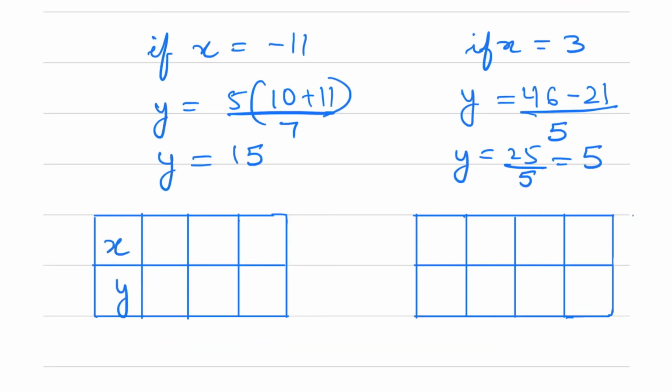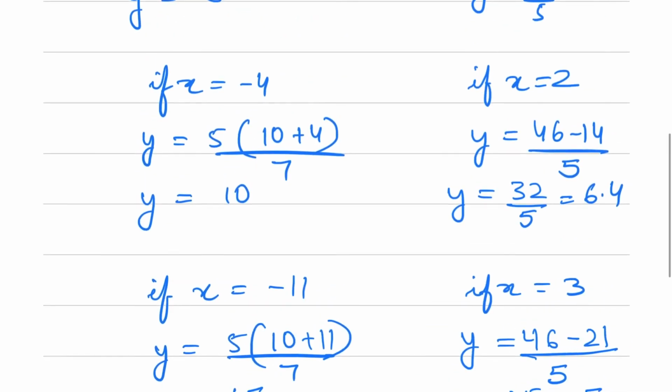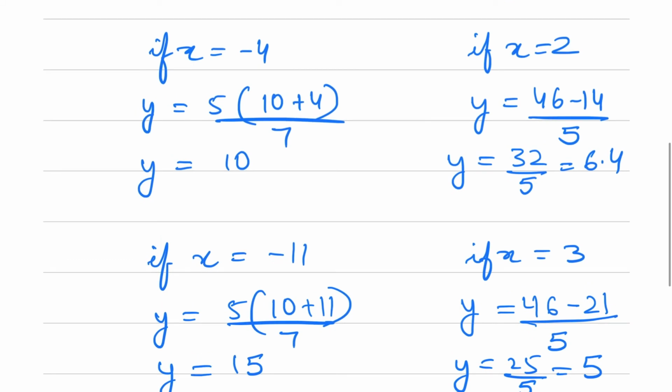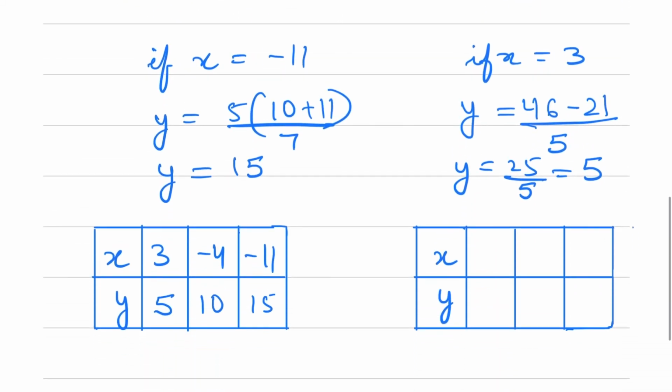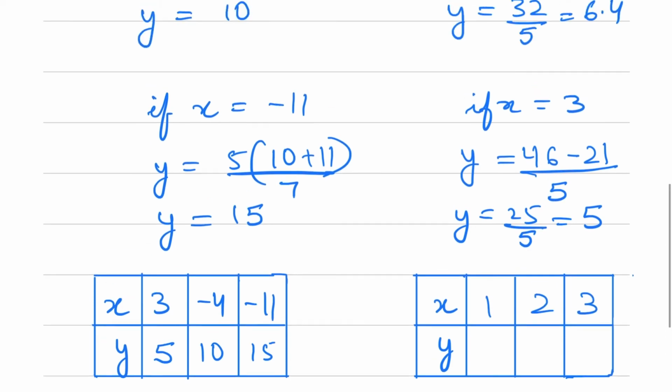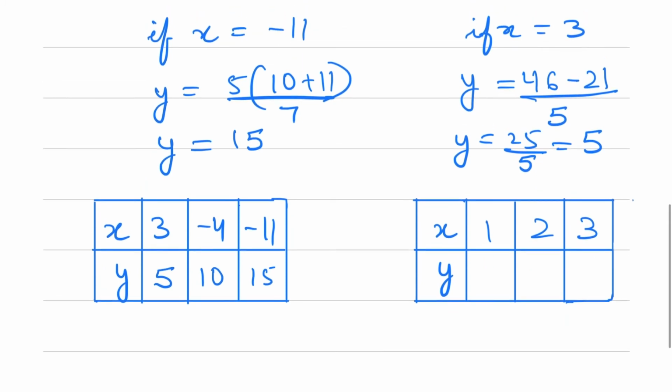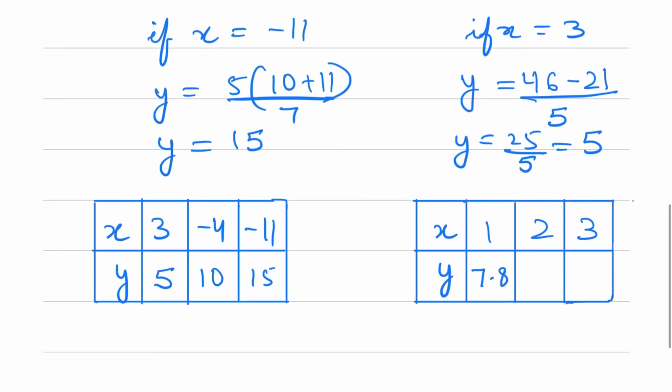So x and y here, I took it as 3, minus 4, minus 11. Corresponding values I got as 5, 10 and 15. Here x and y, so here I took x as 1, 2 and 3, and I got the corresponding values as 7.8, 6.4 and 5 here.